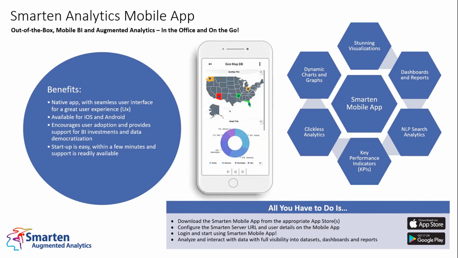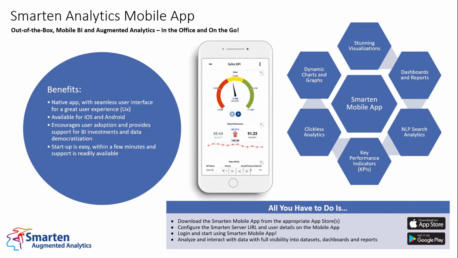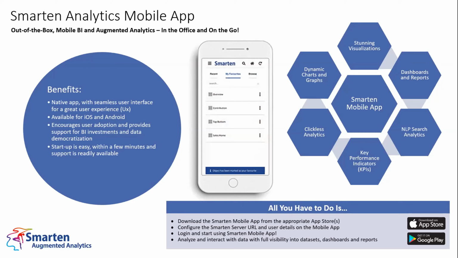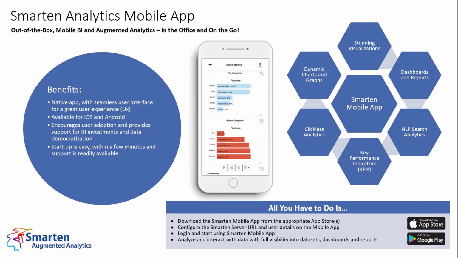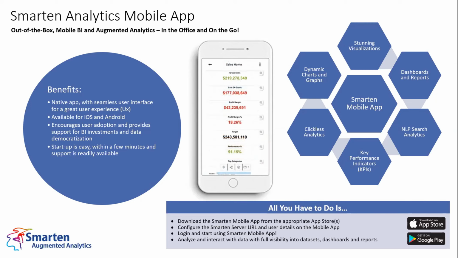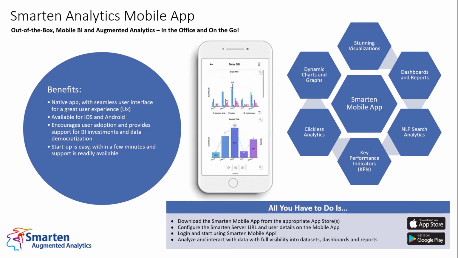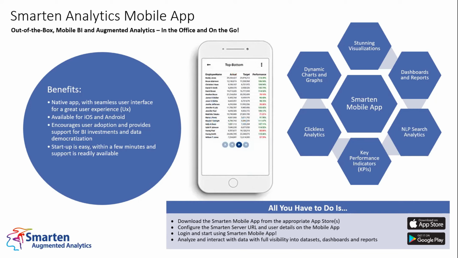Once you log into the mobile app, users of the Smarten platform will have the same access as they have on their platform, on their mobile app, in a very user friendly, easy to use interface. It covers smart visualization, cross tab and tabular reports, print PDF reports, of course dashboards and KPIs. It also covers the clickless analytics, which is the NLP search that we have in Smarten.